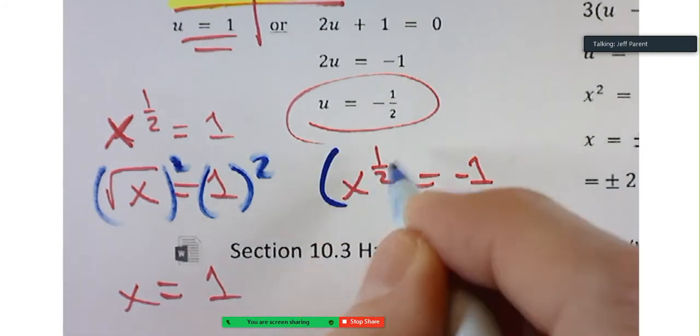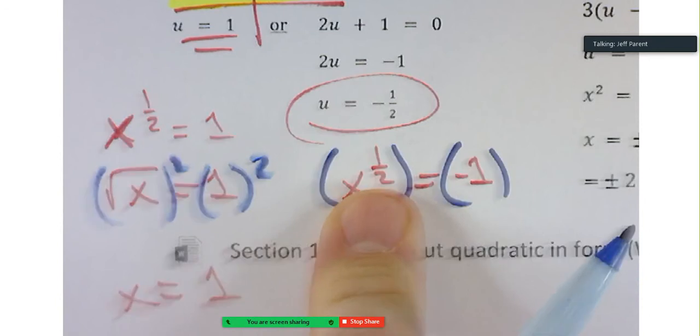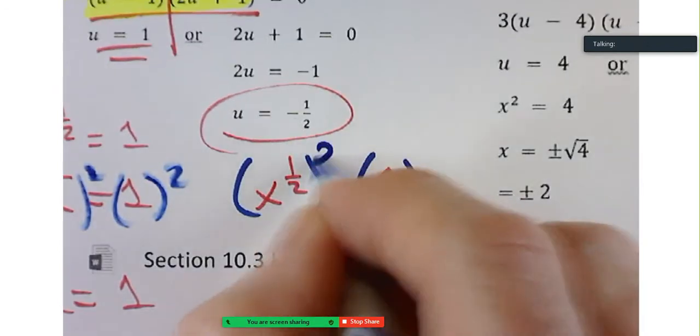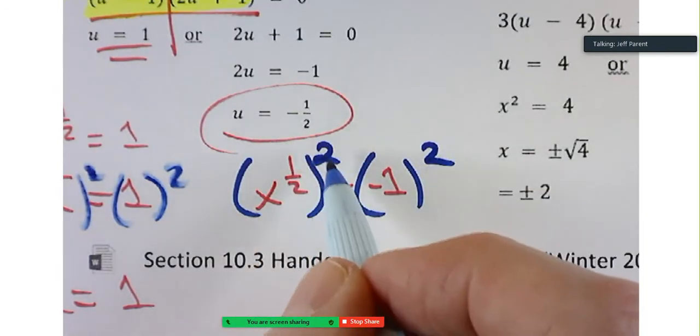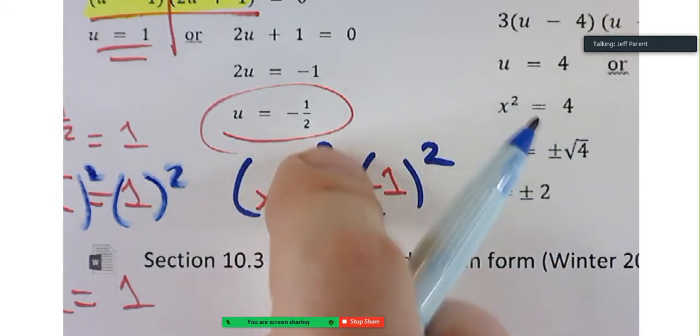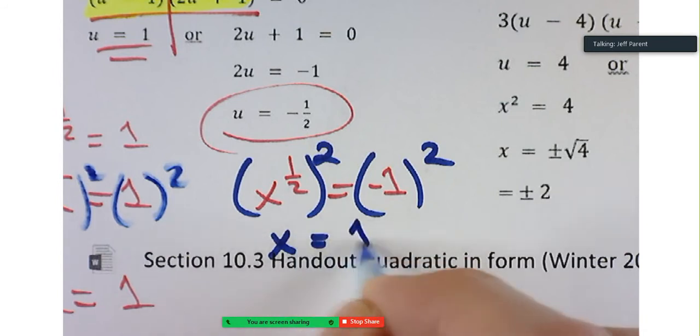Here's my exponent of 1/2. What's the reciprocal of 1/2? 2. So I'm going to square both sides. Now watch. When I remove the parentheses, these exponents multiply. 2 times 1/2 gives me 1. So that's x to the first power, or just x, equals 1.